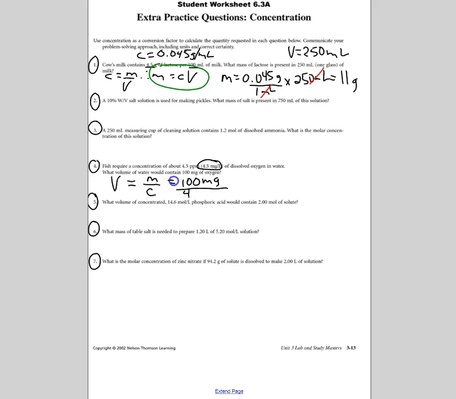That's how many liters we would need. So 4.5 milligrams for every 1 liter would tell us that there is going to be many liters required. So 100 divided by 4.5 is 22.2. So it would be approximately 22 liters of water required before you get 100 milligrams of dissolved oxygen.